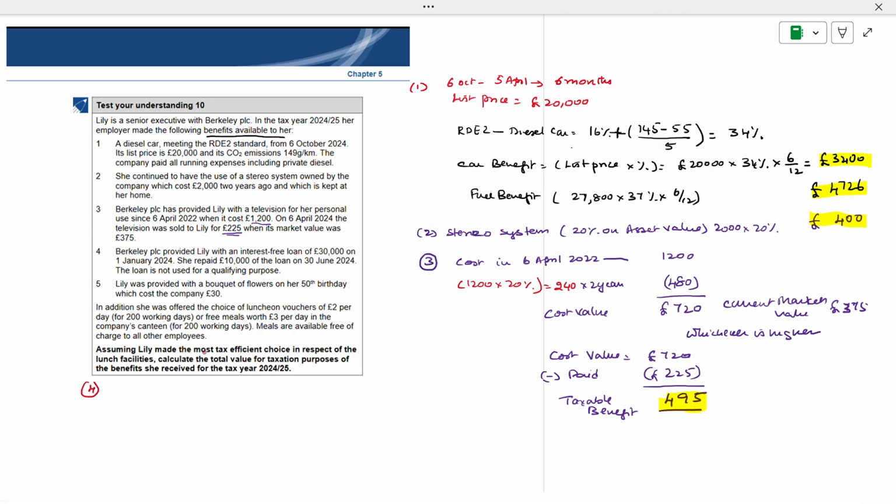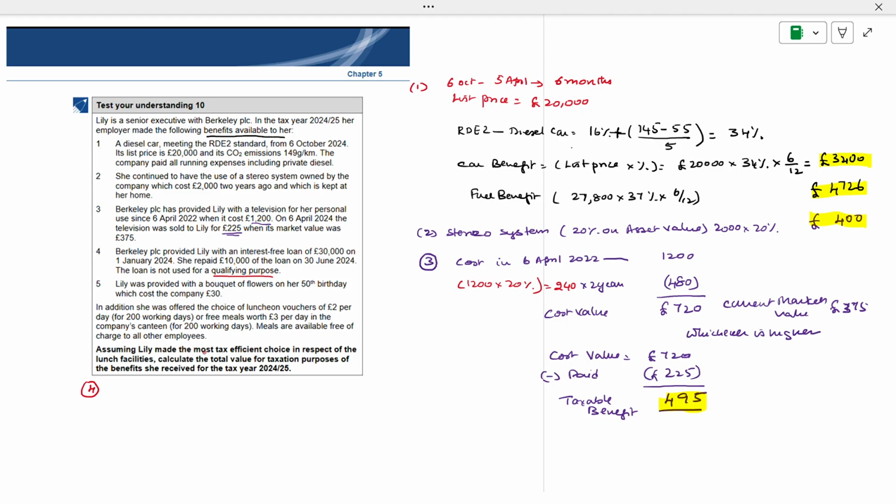They have provided an interest free loan of 330,000. She paid 10,000 on the loan on 30th June. The loan is not used for a qualifying purpose. You have two methods, the average method and the precise method.